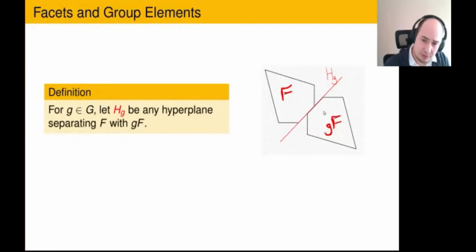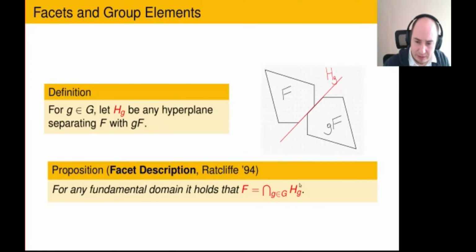So since these two are convex sets, I can separate them by some hyperplane, let's say H_G. So for every G, there is a hyperplane that separates F from GF. So one relatively easy thing to see is that the fundamental domain is just the intersection of all the semi-spaces that are defined by these hyperplanes, right?